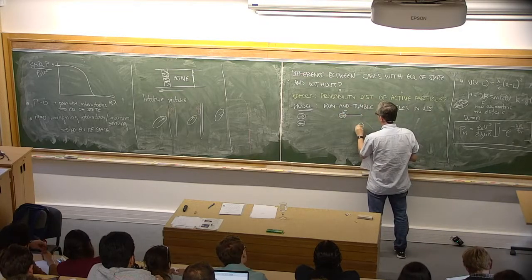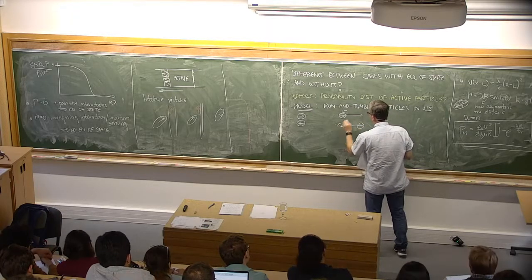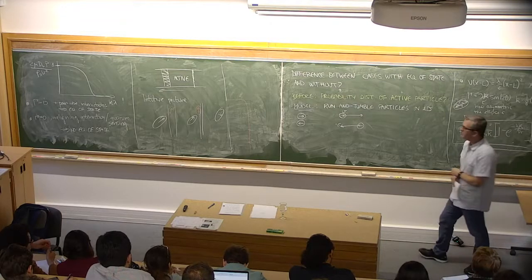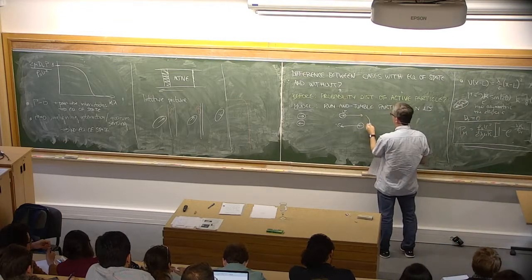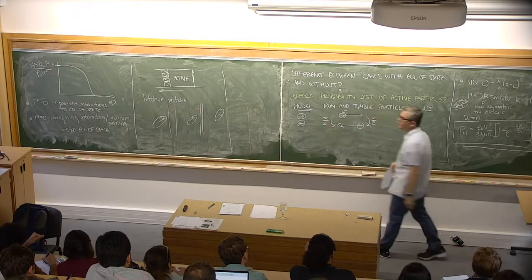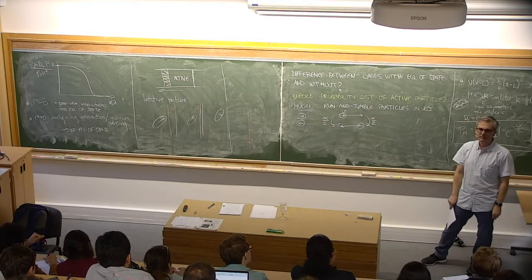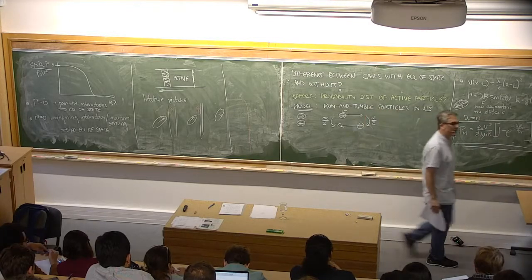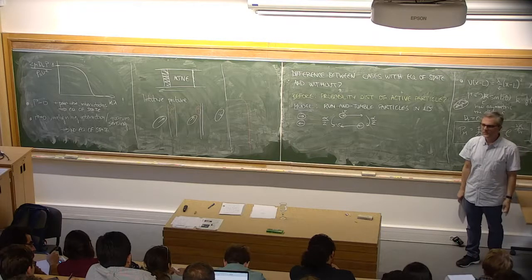Particles with arrow to the left move with velocity v to the left. And the analog of the active Brownian particle is that they flip between one another with rate alpha over 2. So sort of move, flip, not a very interesting life.